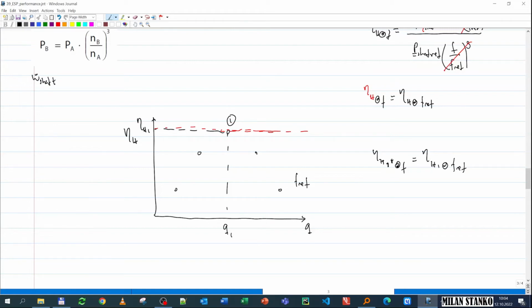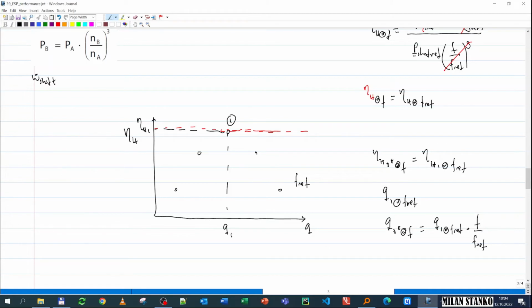But now the Q, with the Q we do have to change it. So the Q of 1 made at the reference frequency, and I want to calculate the Q of 1 prime at a frequency F, this is going to be equal to the Q1 at the reference frequency times F divided by F at the reference frequency.